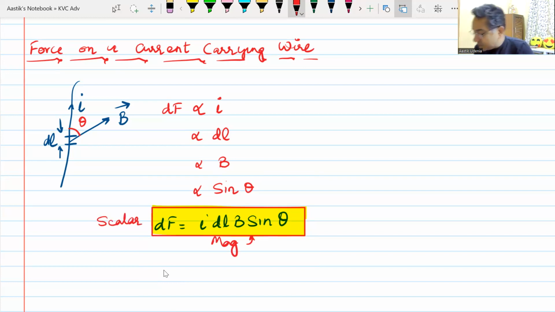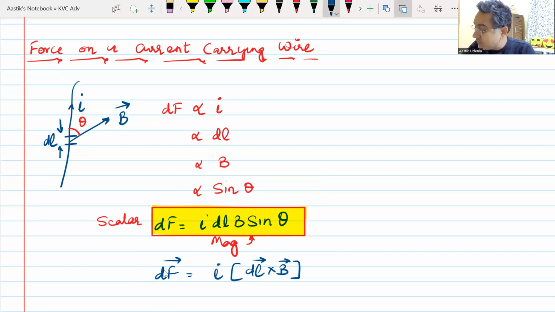If there is a scalar equation of force, then there must be a vector equation. How does the vector equation look? dF becomes dF vector and this becomes I into dl cross B.